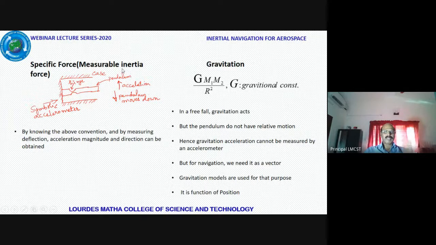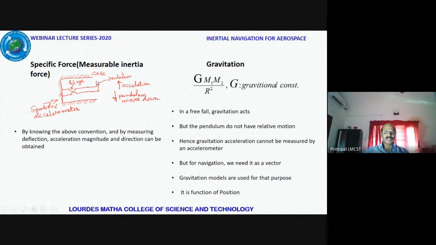That is by convention. This we have already seen in the previous slide, this cannot measure the gravitation. And so this acceleration is that measurable inertia force, otherwise called specific force, other than the gravitational acceleration.